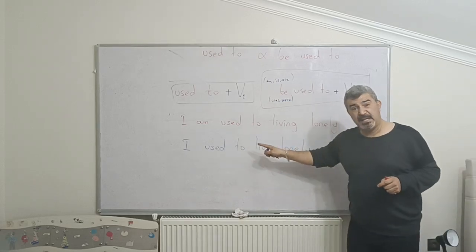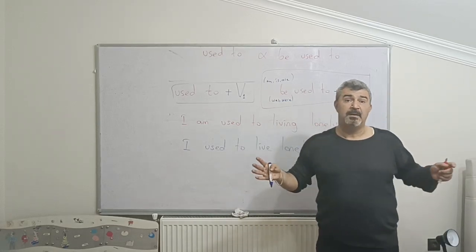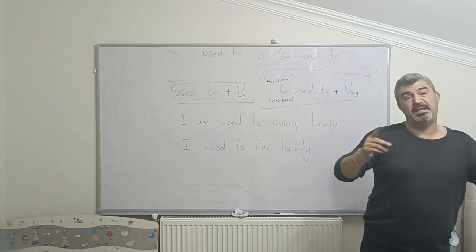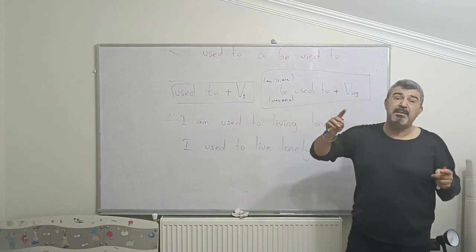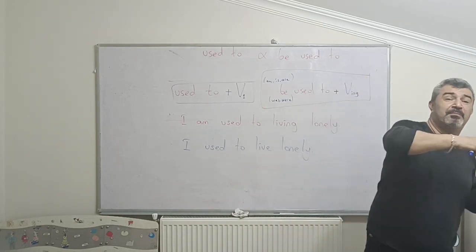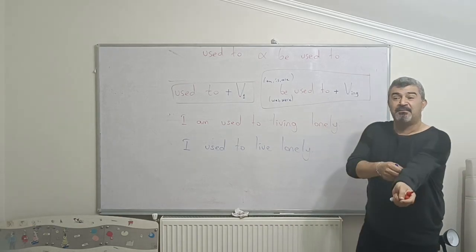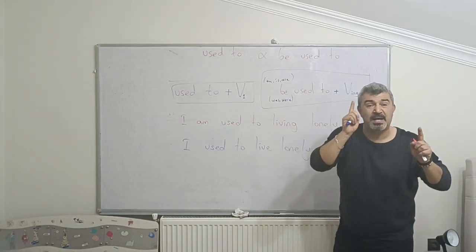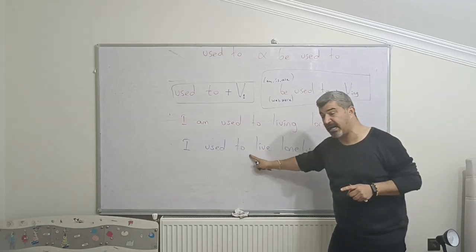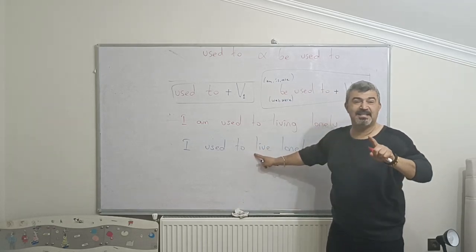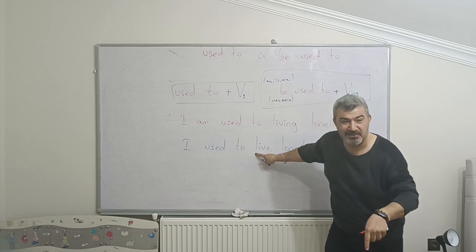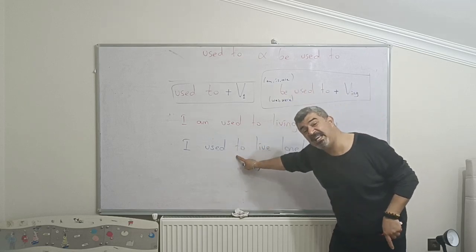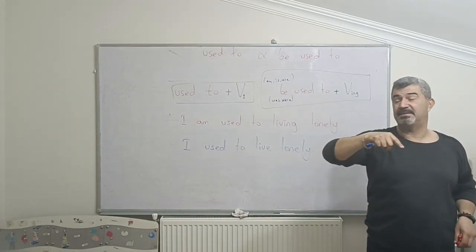Maybe this man or woman married and has a family, lives with his family, or lives with his parents or friends. I know this man doesn't live lonely now, but he lived lonely in the past.